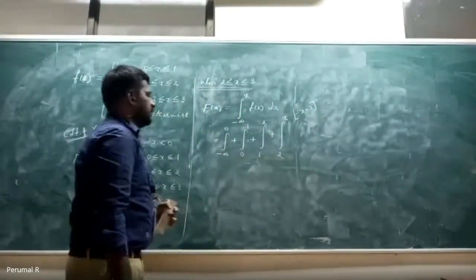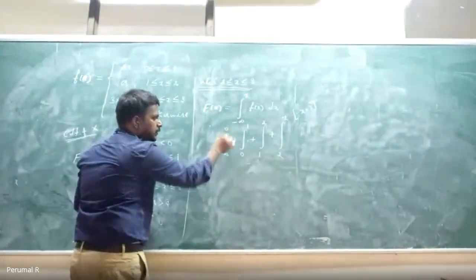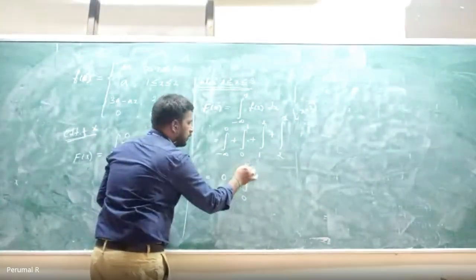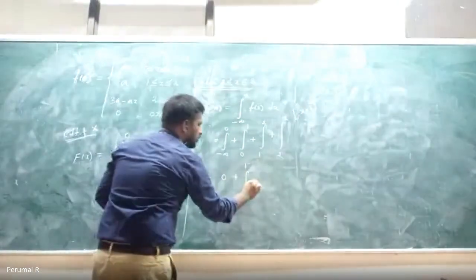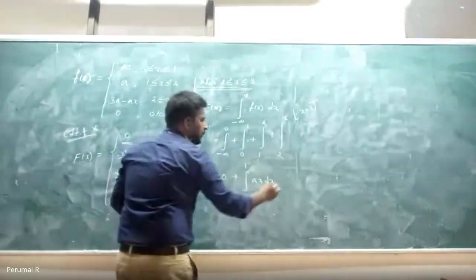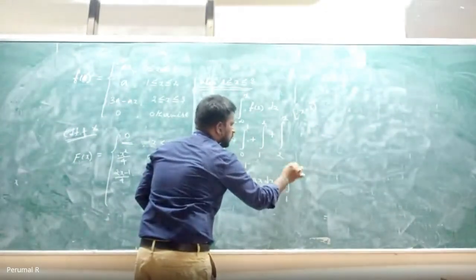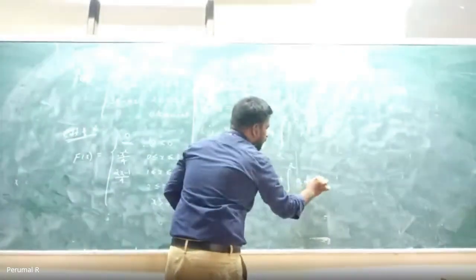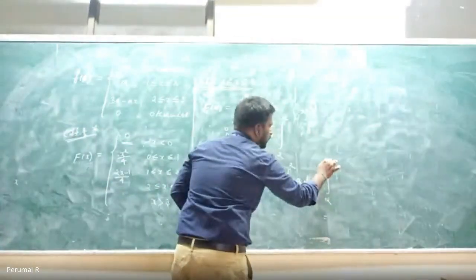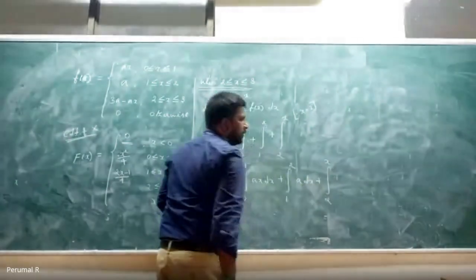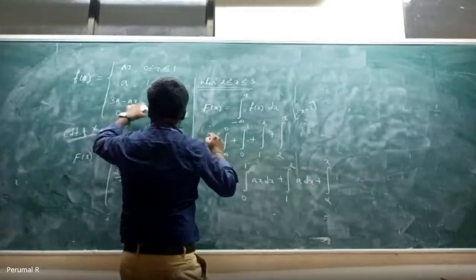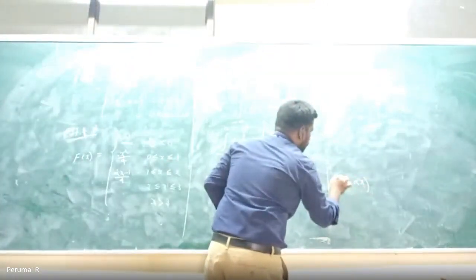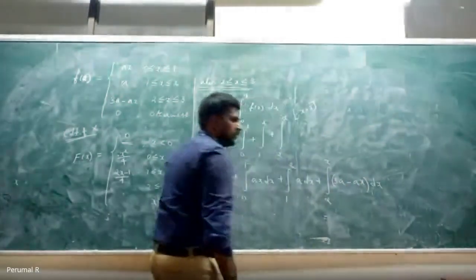Therefore, from minus infinity to 0, your function becomes 0. From 0 to 1, your function value is ax dx. From 1 to 2, your function value becomes a dx. From 2 to 3, your function value is (3a minus ax) dx.